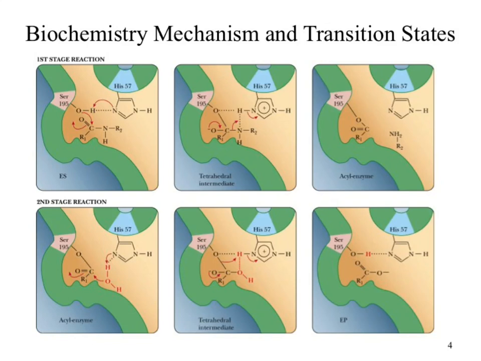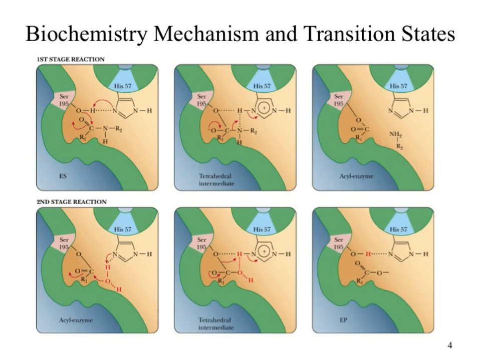Our histidine acted as a base and pulled that hydrogen off. Okay? You'll notice that where it started was not in its fully protonated state. Okay? How could that be the case? pH. The pH within the enzyme was substantially higher, such that it wasn't in its protonated state. So that histidine can now act as a base and remove that hydrogen.